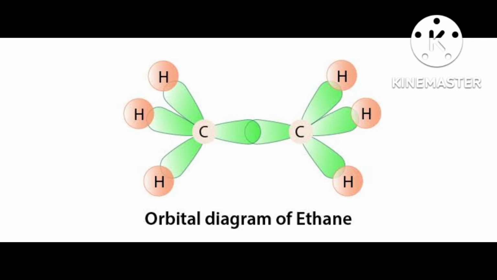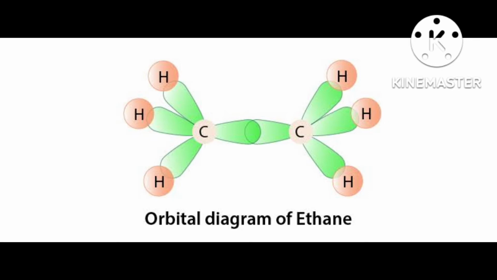In CH it is less and carbon-carbon is more, 154. Here in C and H, the bond length is less because this bond is strong.